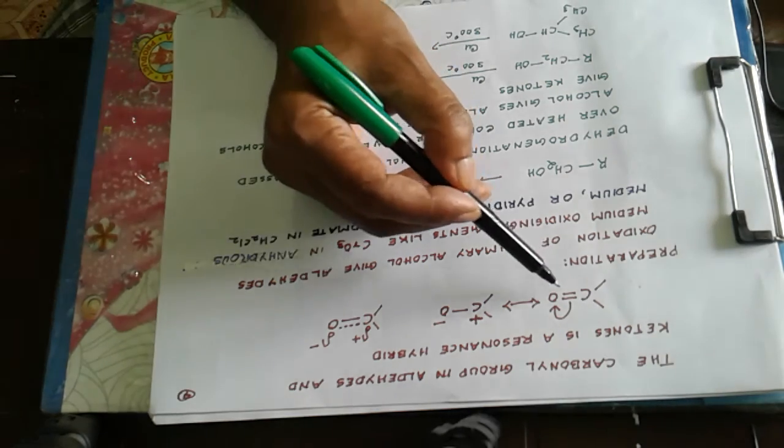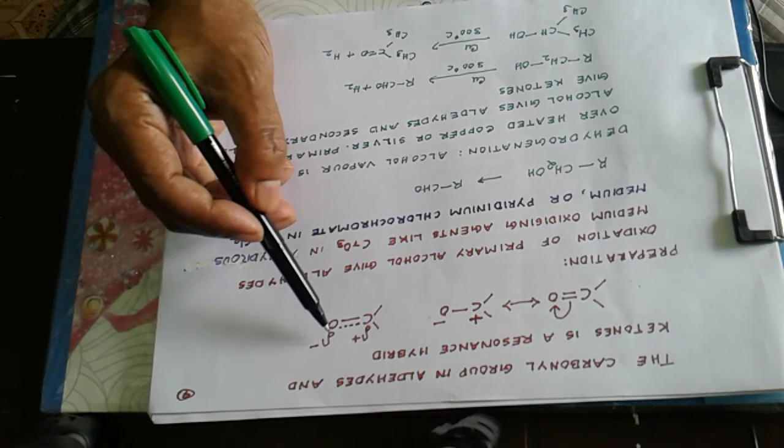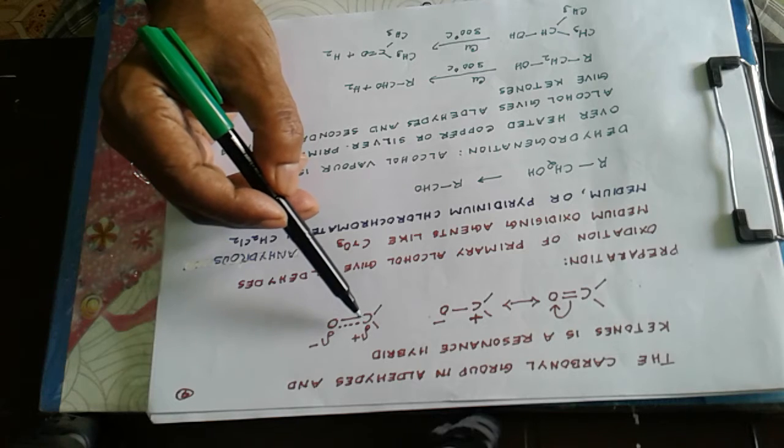Now the carbonyl group in aldehydes and ketones is a resonance hybrid of 2 canonical structures, so that the resonance hybrid possesses partial positive charge over carbon and partial negative charge over oxygen. So the carbon atom of a carbonyl group shows nucleo-loving character.